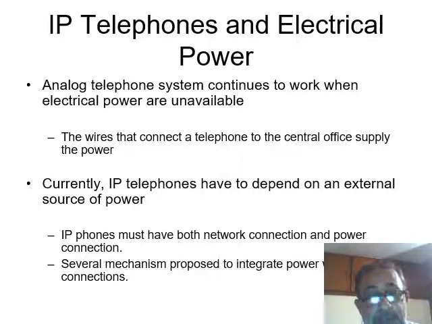Now, one thing that is very good about our conventional phones is that we do not need to put a power source to our telephone sets. All the power they get from the exchange only, because the exchange has a complete battery system, and that battery power is passed on to the user, which is used for voice transmission and all the signaling, including the ringing.